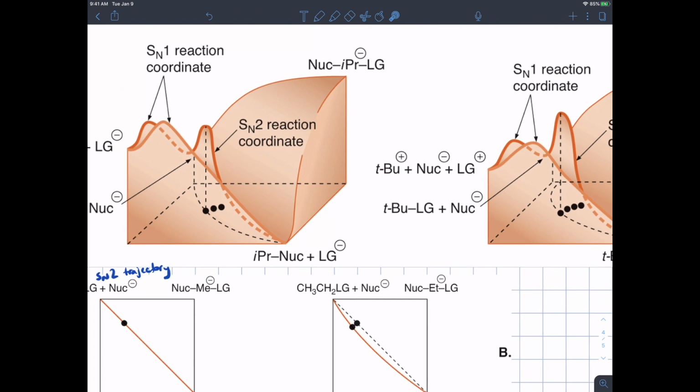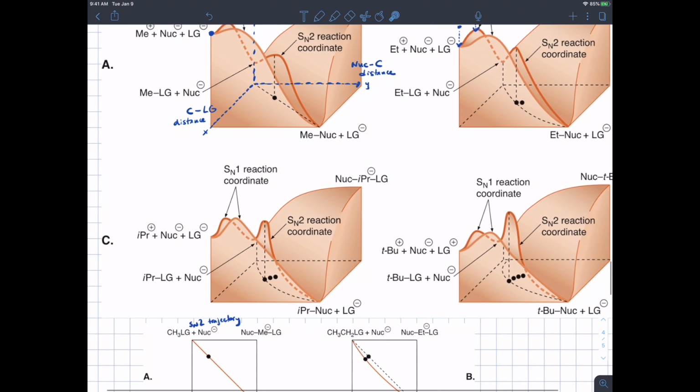So based on what I've told you, if you continue to add substituents to make the carbocation more stable, this is the secondary carbocation, you get to the point where the relative rates of SN2 versus SN1 start to compete. In this case, the SN2 transition state increases in energy because of steric hindrance. The transition state for SN1 lowers in energy because it's carbocation-like, and this is a more stable carbocation than we had before.